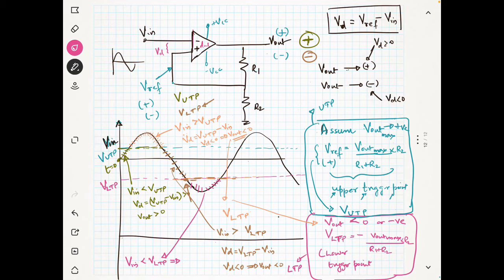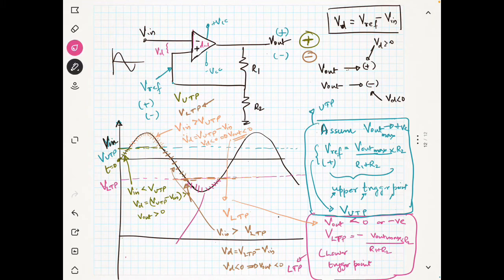Is it? Yes. At this area, will it change? Vin is less than VLTP. Let us assume that, okay, I will give an example in the next page anyway.